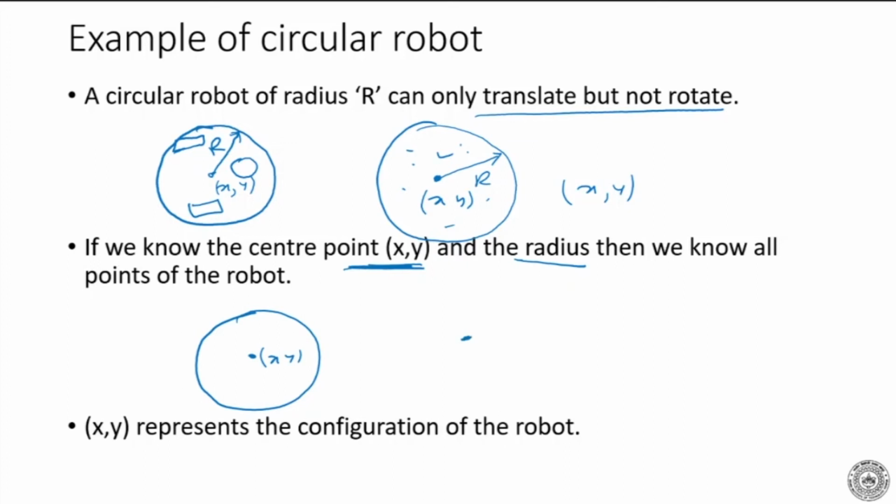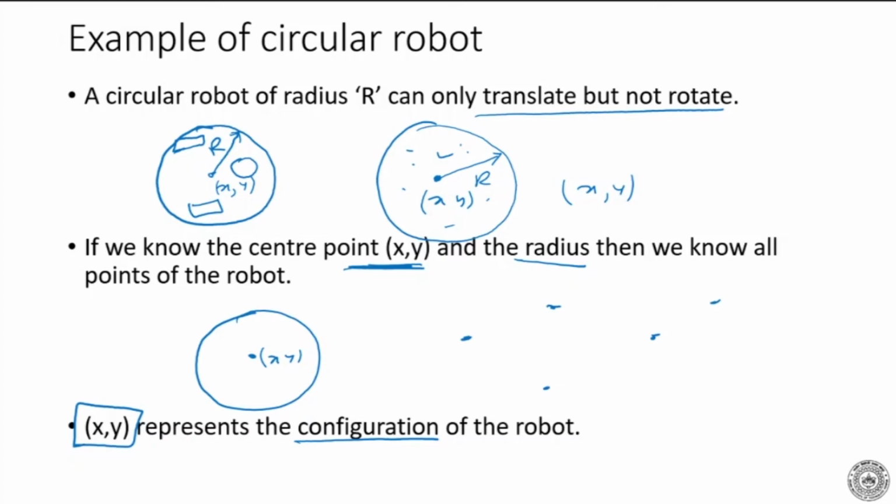If I simply say x y is here or here or here, then I know where the robot is also because I know the radius. So the information that is required here is the x y of the robot, and this x y represents the configuration of the robot. Here we are using a new term, the configuration of the robot. The information required to specify all points of the robot is basically called the configuration of the robot, and a collection of the configurations makes up the configuration space.